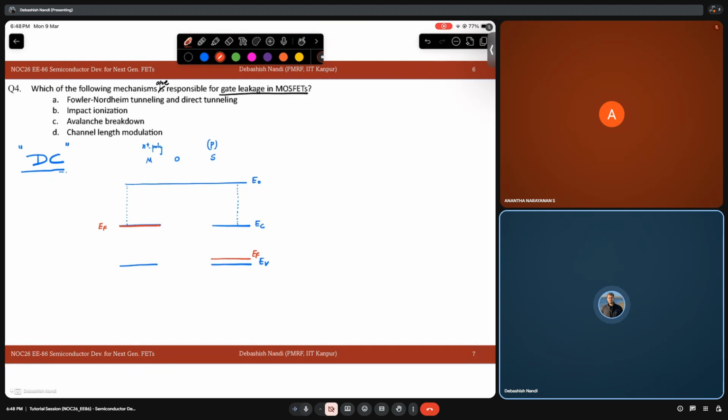Now I join them to make a single MOS system. So first thing will be I have a constant Fermi level. Then this is my EC, this is my EV. We draw the boundaries as well.